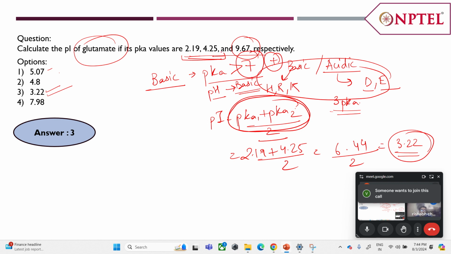That is why the pK values that are near to each other are preferable to determine the pI of that particular amino acid. Is this explanation fine? Any doubts in this concept?